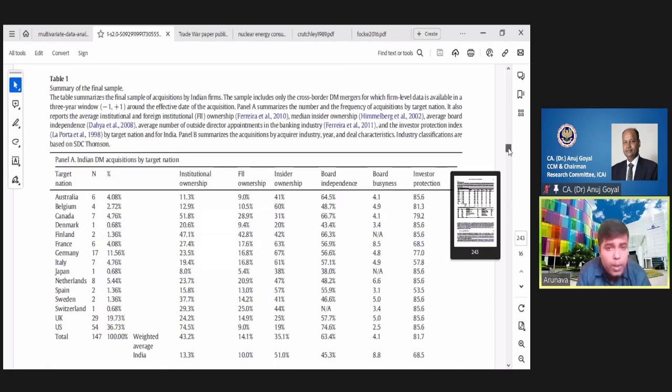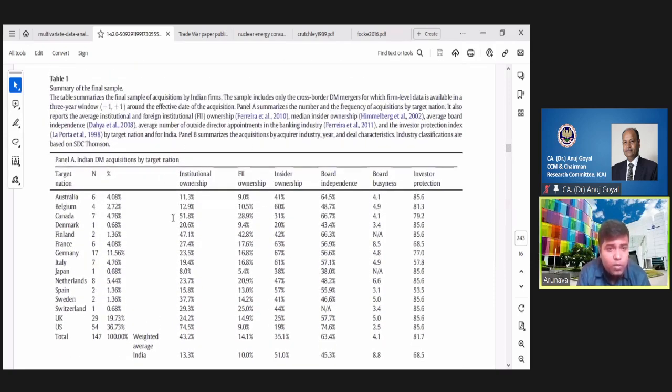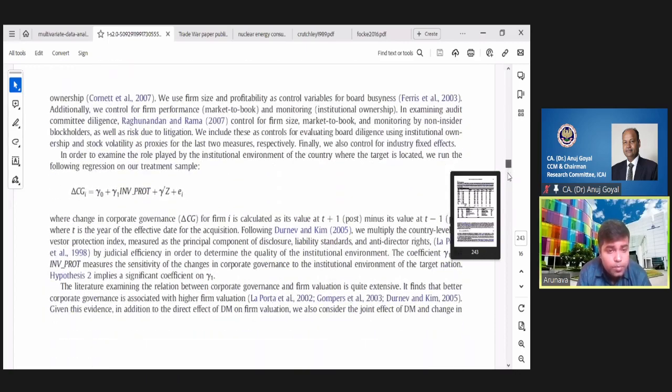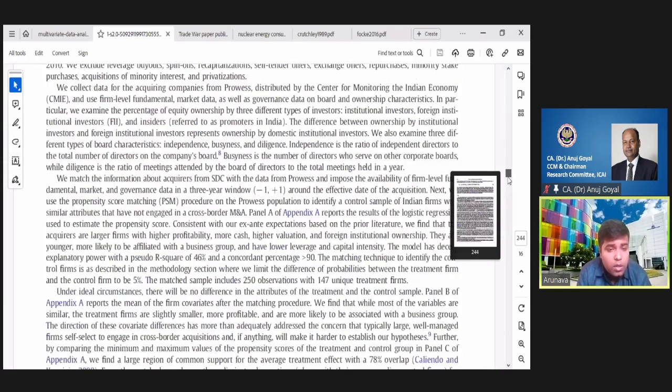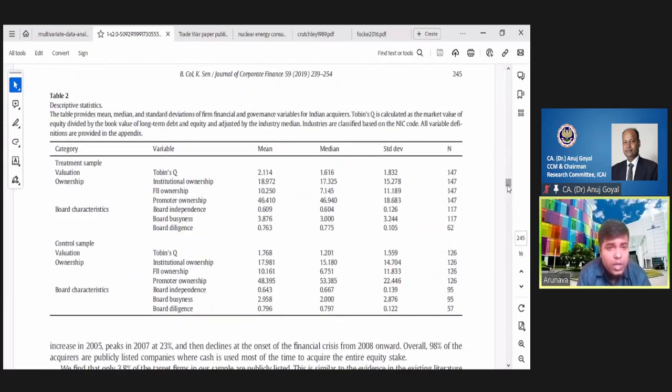So you can see this is the final sample, right? A summary of the final sample has been provided. It has different countries, the ownership pattern, the board independence, board business, all those factors, right? And then it talks about the data part, where it provides descriptive statistics, right?